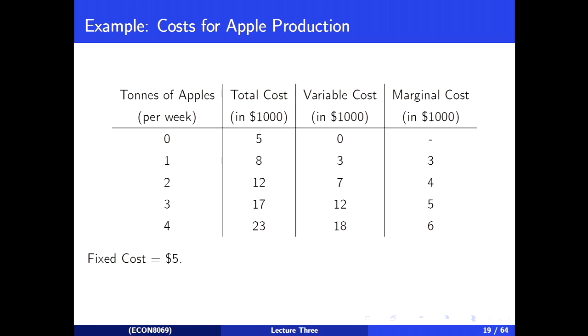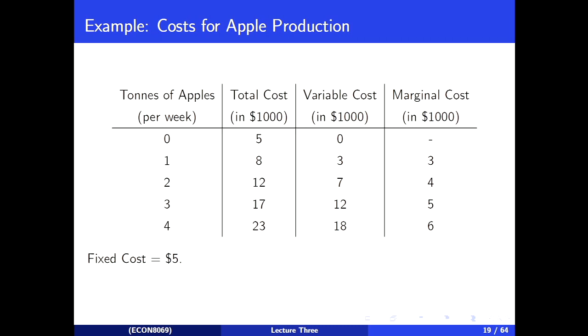Here we have a fixed cost of $5,000, and that doesn't matter how much we produce. To produce 0 tons of apples, we still have to spend the $5,000, because that's the cost that we spend every week, every period, regardless of the amount we actually produce.